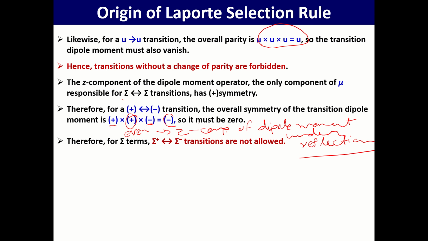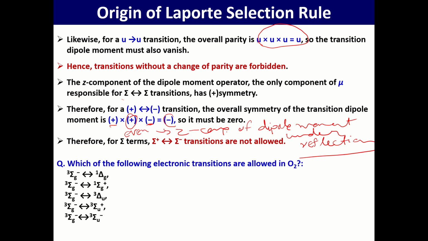What I wrote here has to be an even function. If the combination of three things is odd, then still it becomes 0. You have a finite quantity which is even, so overall it becomes nonzero. So if you place this here, it is not allowed; minus to minus or plus to plus will be allowed.